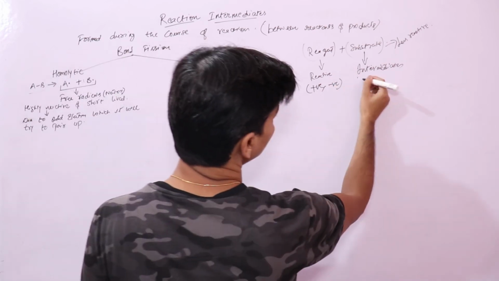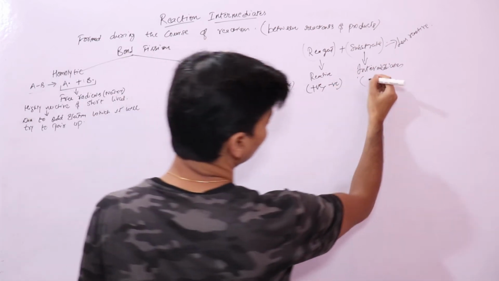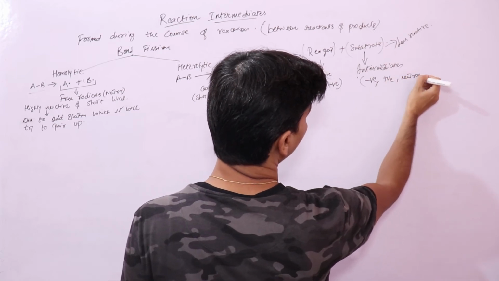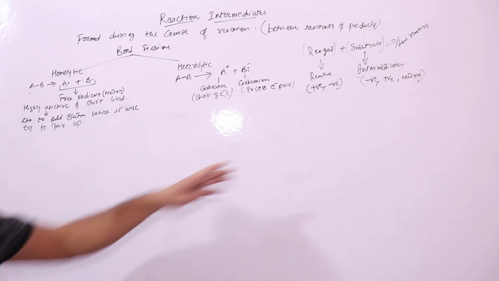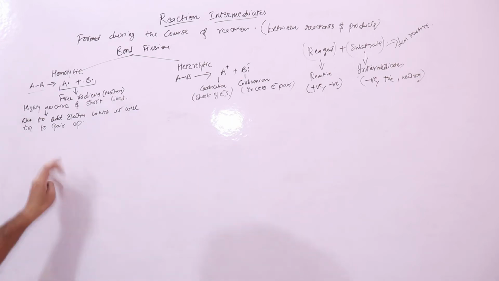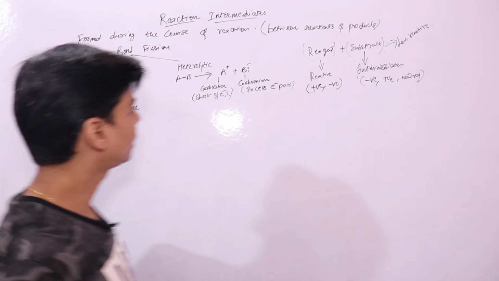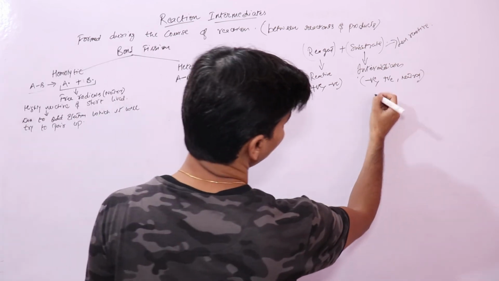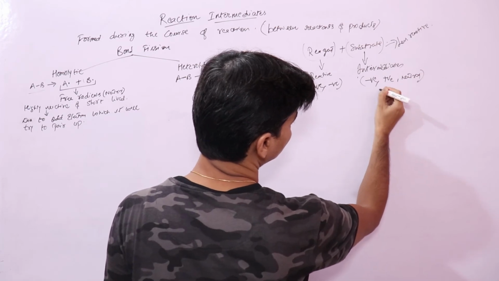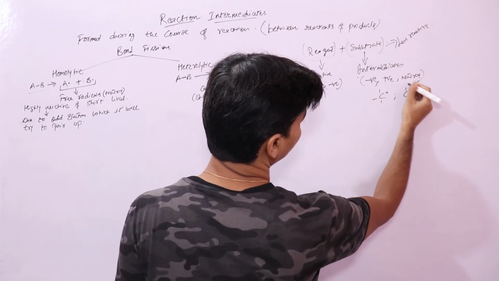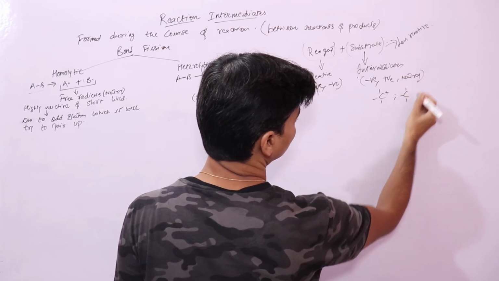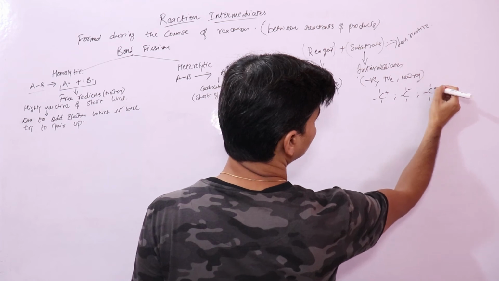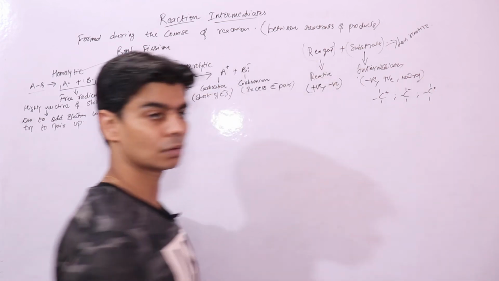Now in this case, the intermediate can also be negative, positive, or neutral. Neutral is your free radicals, and positive and negative are your carbocation and carbanion. Now suppose a positive ion is formed, say this, or a negative ion is formed, or the other, you have an odd electron neutral species. This is an odd electron free radical.